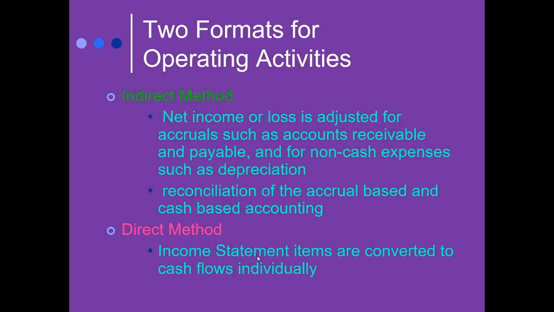Okay, so for the indirect method, net income or loss will be adjusted for accruals such as accounts receivable and payable, and for non-cash expenses such as depreciation. So under both methods, depreciation is not going to be considered or included in the calculation, because depreciation is an expense that does not involve any transfer of cash, or there's no cash movement.